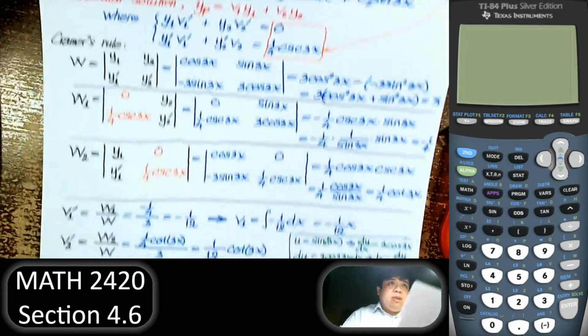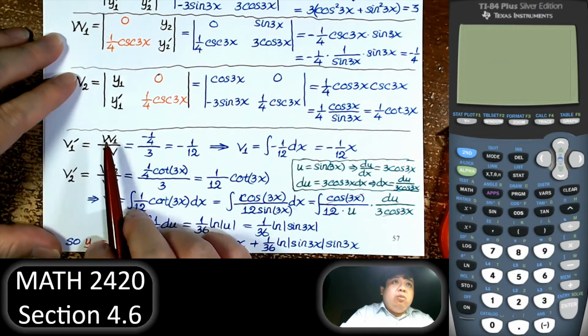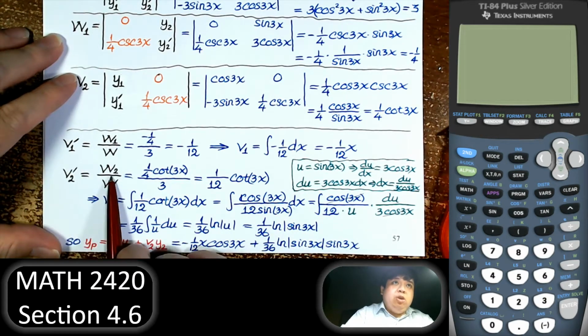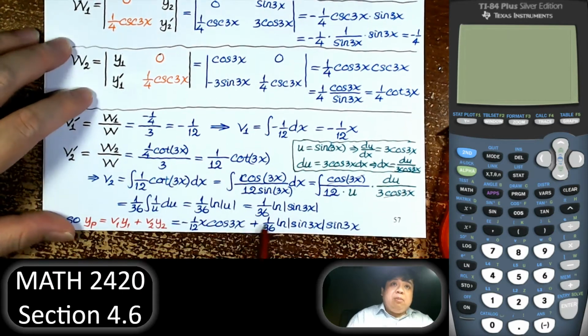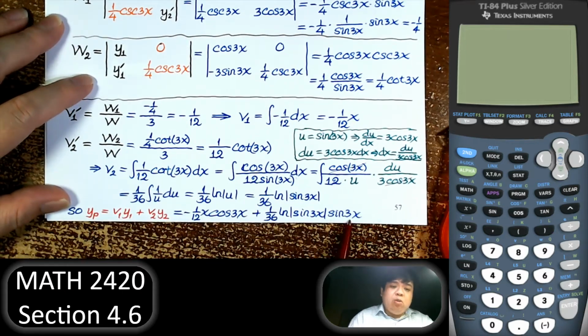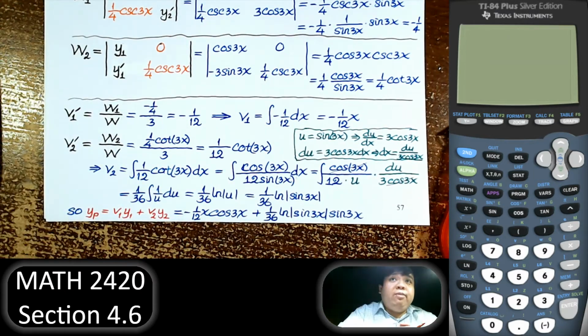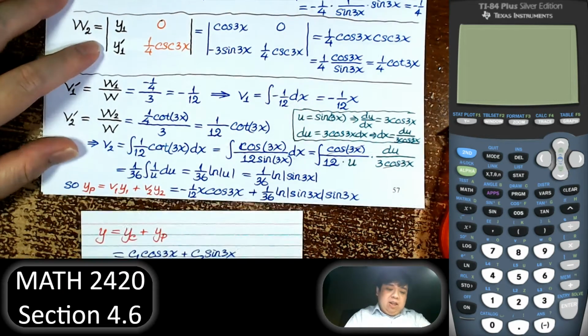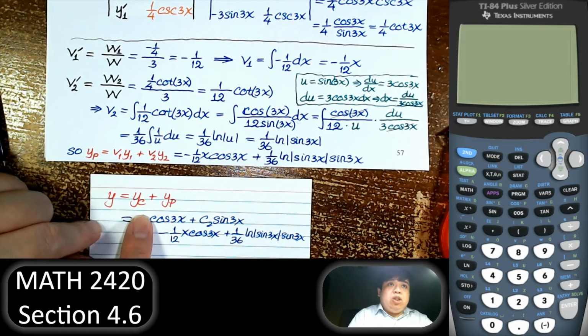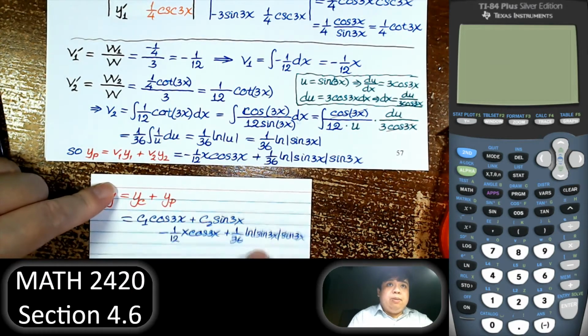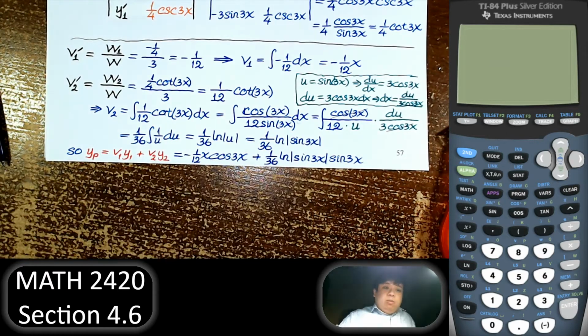After that, v1 prime is w1 over w, v2 prime is w2 over w. We have the derivative, integrate to get back to the function. And finally, put things together, we have the equation. Solution is complementary solution plus particular solution. That's what we have. So it's not that difficult.